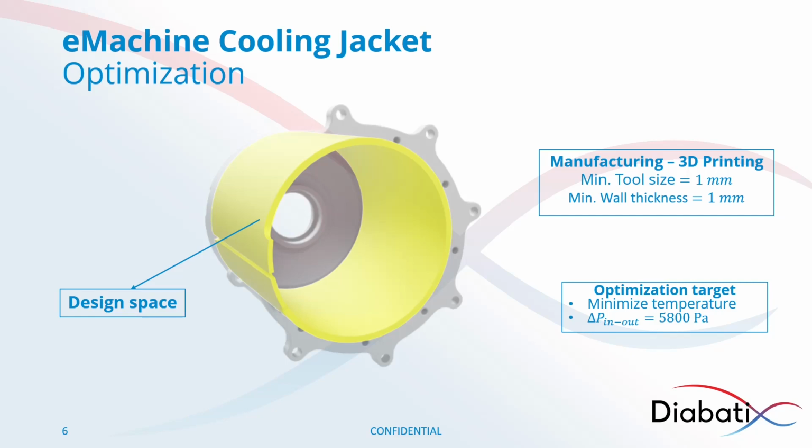So it's a maximum pressure loss with a defined number of 5.8 kilopascal, and that would be a constraint. And that's a major difference that we always need to keep in mind when it comes to setting an objective and a constraint. It's important to know that and incorporate that in your cases as well.